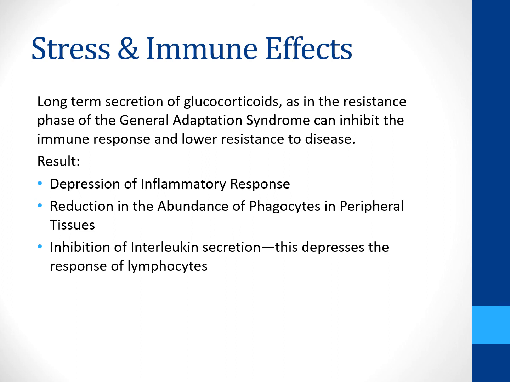So chronic stress decreases your immune system. It also is through mast cell inhibition is what's going to decrease the inflammatory response. So chronic stress is no good for you.